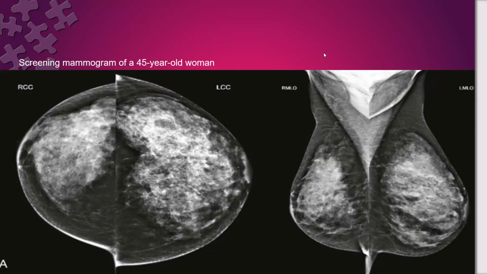The right breast is smaller than the left. Yes, you start correct. The right breast is smaller compared to the left one. Okay, excellent. The glandular tissue is also asymmetric. The right one has less glandular tissue than the left.